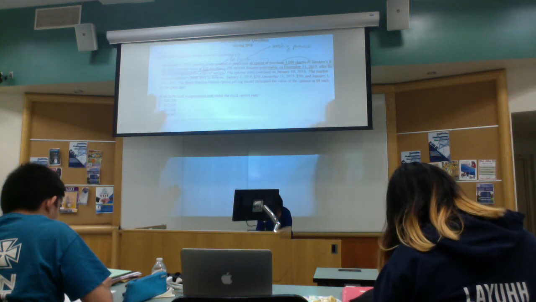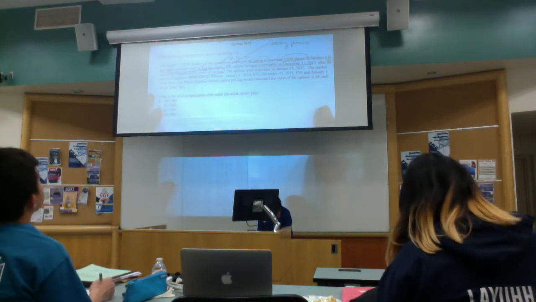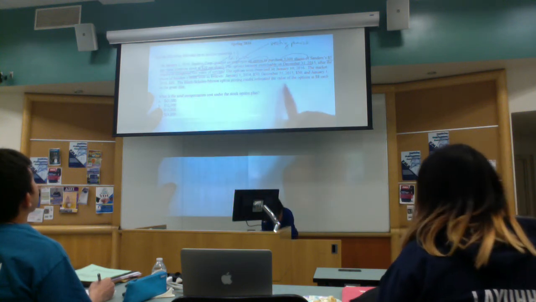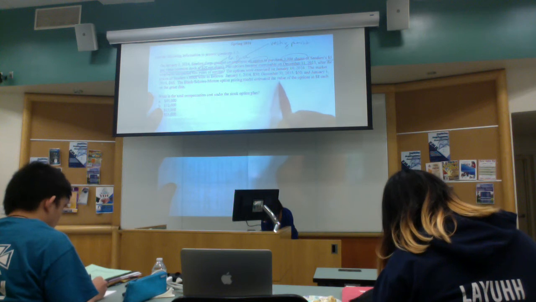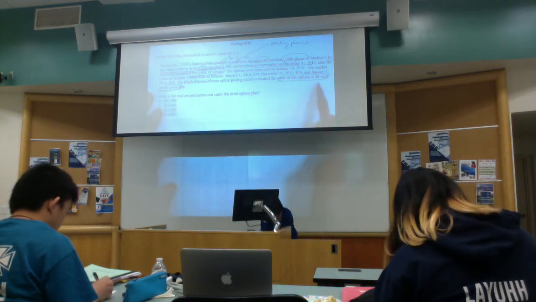The market value prices of the stock were given, but again, we want fair value. So the first thing you want to do is the estimated value of the options on the grant date was $8.